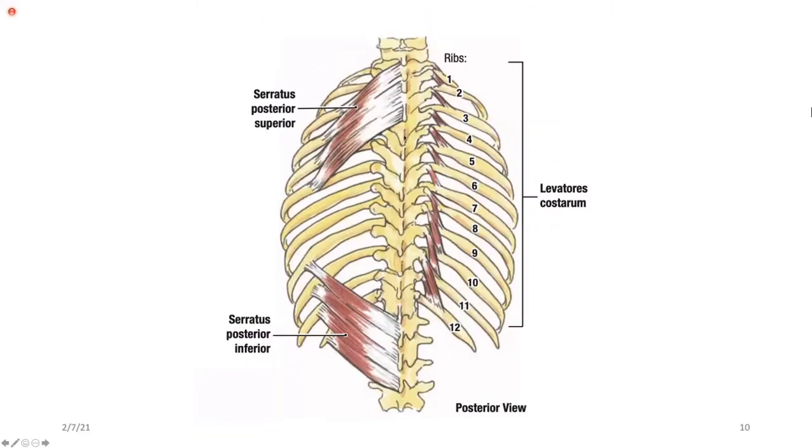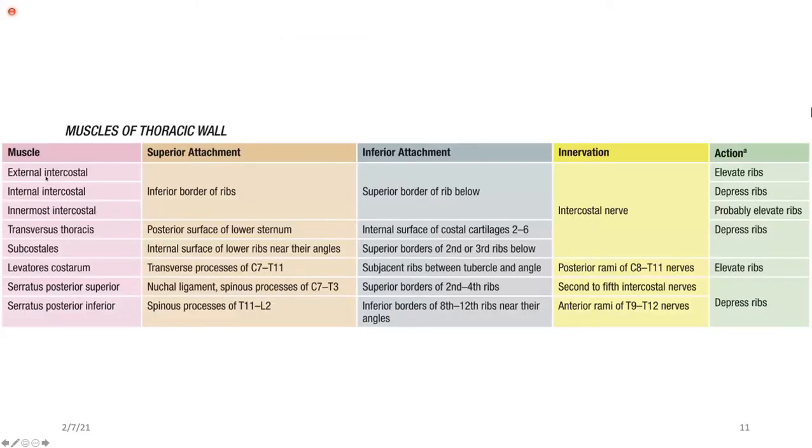Now, you're looking from the back. These are additional muscles, which we'll learn about when we talk about the accessory muscles of breathing, not today. Now, this table gives you what you should know from what we have talked about so far: for the external intercostal muscle, where it is attached superiorly, where it is attached inferiorly, who supplies it, and what its actions are.